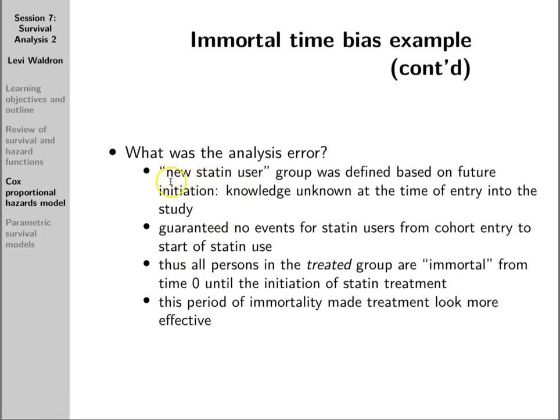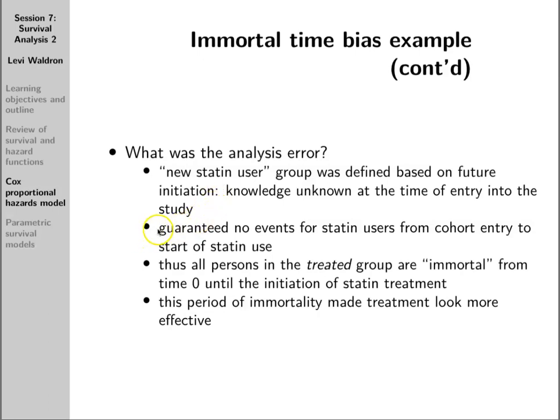Well, the basic error was this looking into the future, that the new statin user group was defined based on future initiation of statin usage, and that is knowledge that was unknown at the time of entry into the study, and this was used as a covariate or a predictor of outcome based on information from the future.